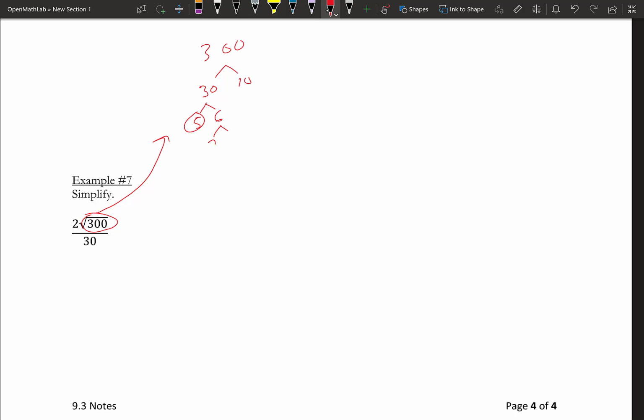And then 6 I can break down as 2 times 3, so both of those are prime. And then 10 I can break down as 2 times 5. So the prime factorization of 300 is equal to 2 squared times 3 times 5 squared.